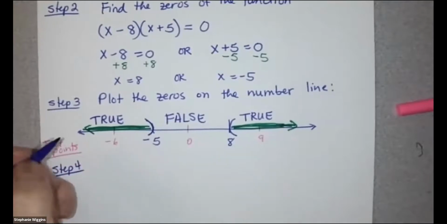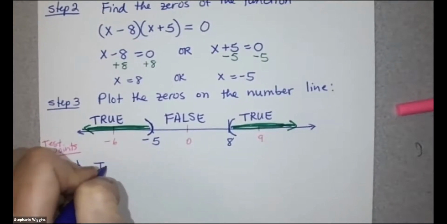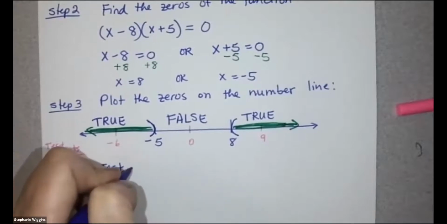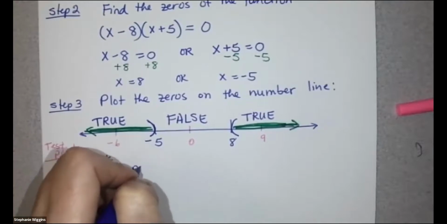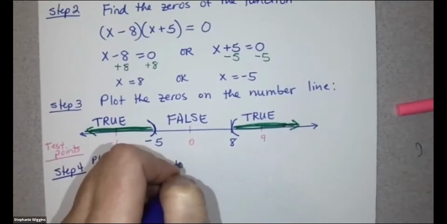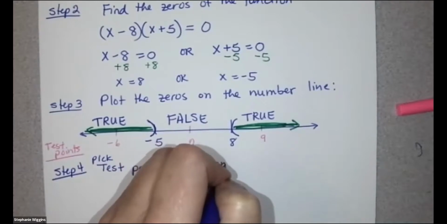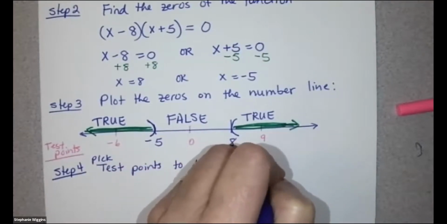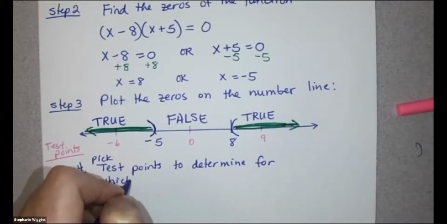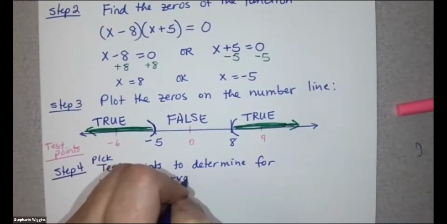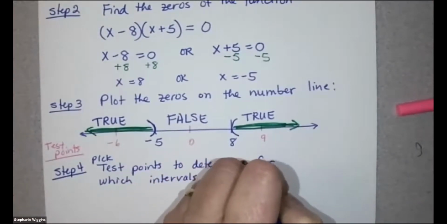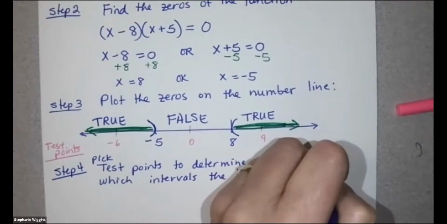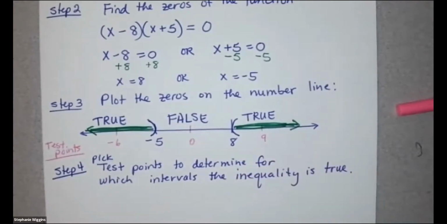Step 4 is what I just did, where you test intervals, or pick test points, to determine for which intervals the inequality is true. Okay, so I did that and I shaded in the region.